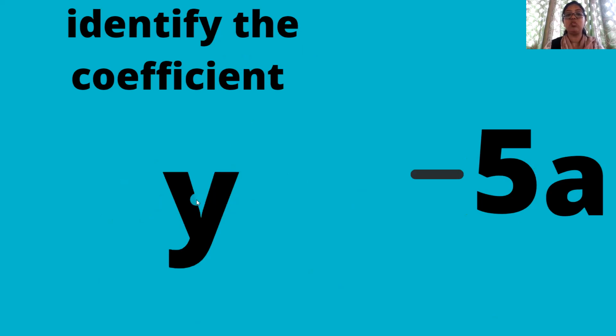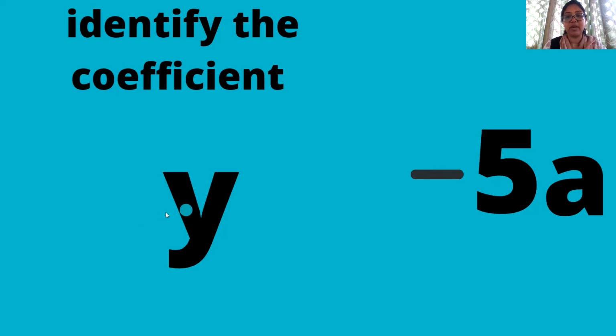Now, one more point, always remember that the sign must be included. So here in case of y and minus 5a, the coefficient of a in minus 5a should be minus 5. Remember, the sign has to be included and whatever factor is left out, that is the coefficient of the other one. So if I ask the coefficient of 5 in minus 5a, then it is minus a. Well, what is the coefficient of y in y? You must be thinking, oh, ma'am, what question is this?